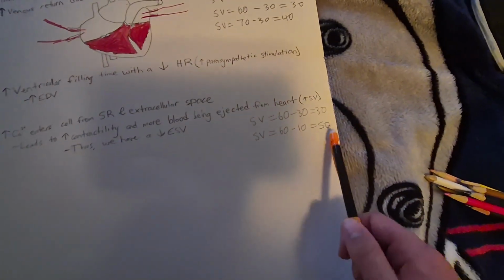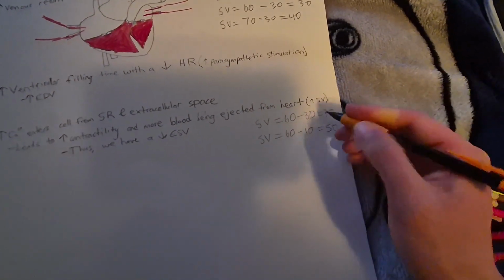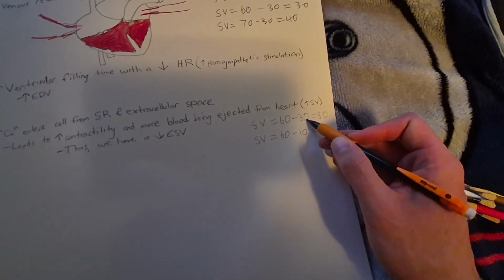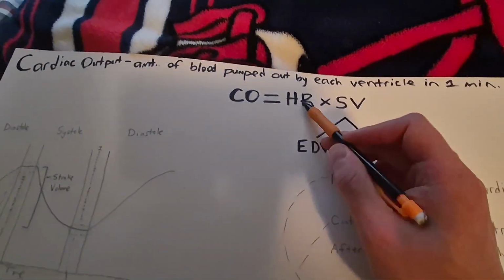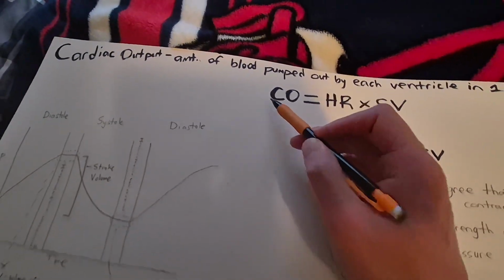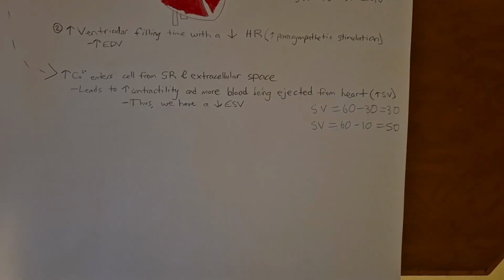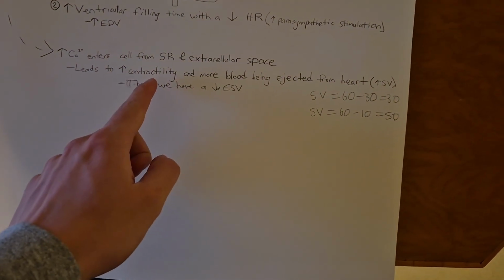So now you can see how our stroke volume increases because our end systolic volume number decreased, giving us a higher stroke volume, which when we plug it into here, depending on what the heart rate is, the cardiac output will increase.